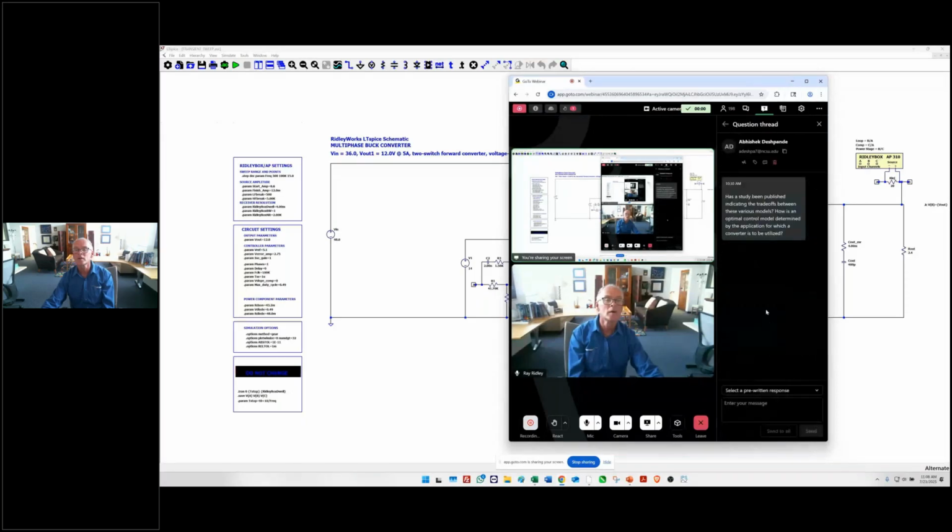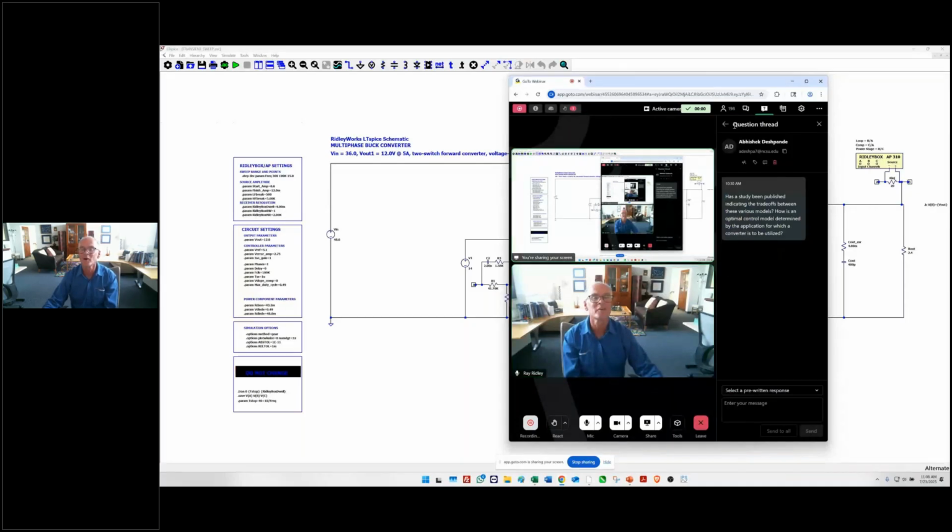Has a study been published indicating the trade-offs between these various models? No, it hasn't been published, because IEEE would not be interested in such a publication. It's not theoretical, and it ends up with the conclusion that the only thing that really works is the measurement, which kind of goes against the role of the IEEE and research.